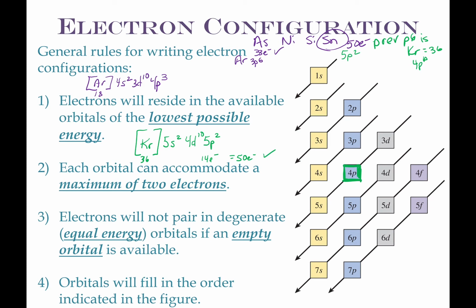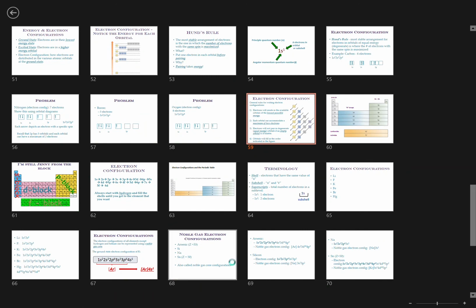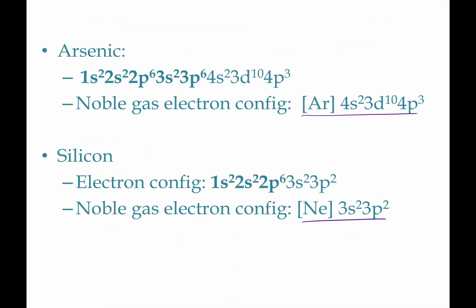So that is a good check. And I end in 5p2, which is also my second check. So you can use the diagonal rule. You don't have to continue to write out the entire electron configuration to then use the shorthand because, again, that defeats the purpose. So here's the answers to the others that you have.